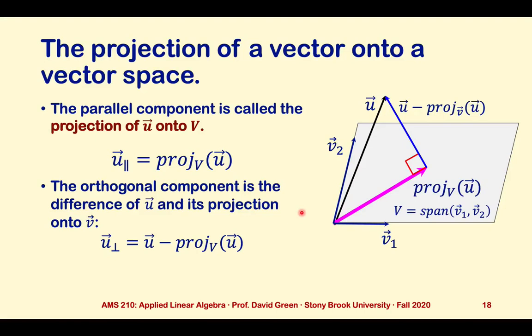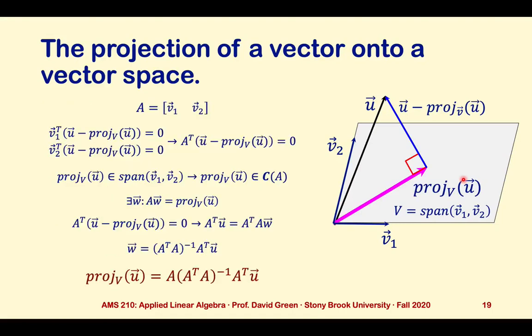Once again, let's see if we can derive a way to compute the projection. This is going to be a little bit more involved, but is going to make use of exactly the same ideas. To simplify our discussion, I'm going to collect these two basis vectors.